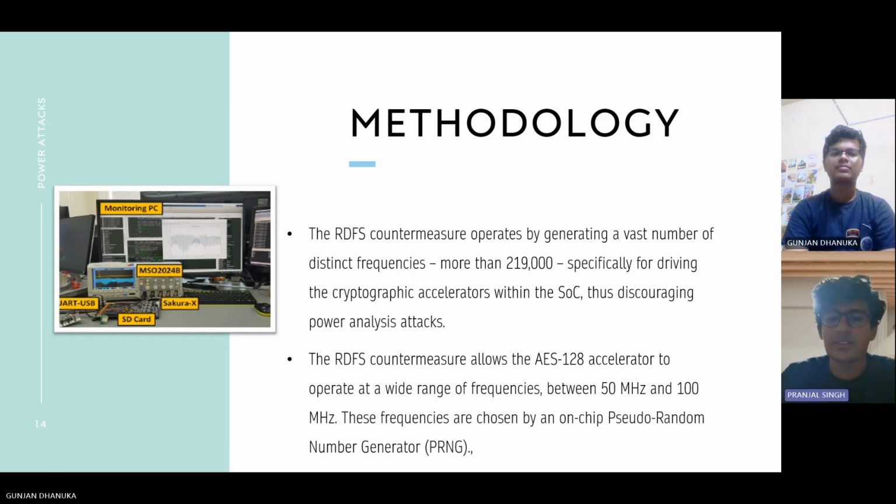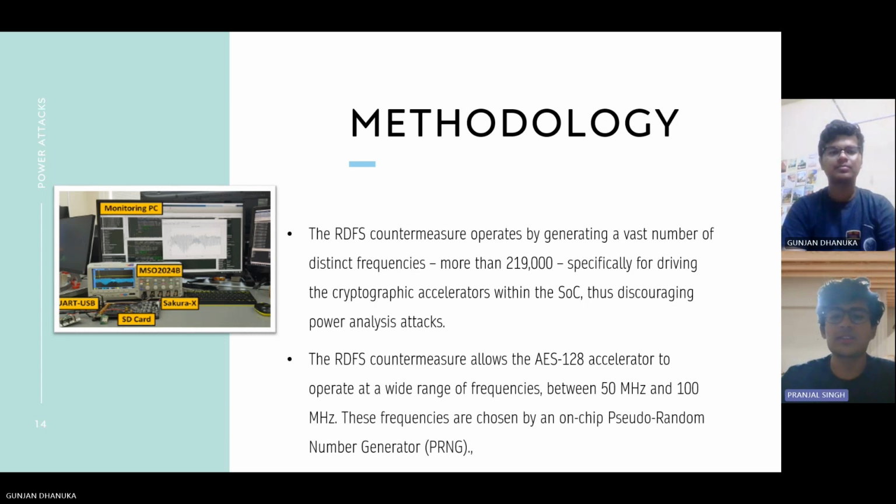The RDFS countermeasure allows the AES-128 accelerator to operate at a wide range of frequencies between 50 to 100 megahertz, and these frequencies are chosen by an on-chip pseudo-random number generator. So this countermeasure, they implemented it on an AES-128 accelerator, and it allowed the accelerator to work on a wide range of frequencies between 50 to 100 megahertz.